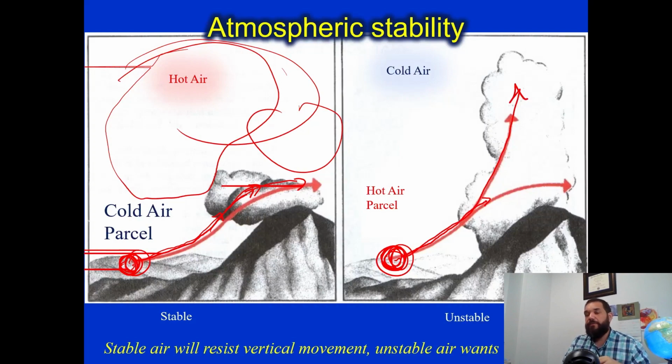The environmental lapse rate is how fast the air is cooling down just in the environment, not including that parcel of air. It's just what the environment is doing on a particular day at a particular time in a particular place. That just depends on weather conditions.